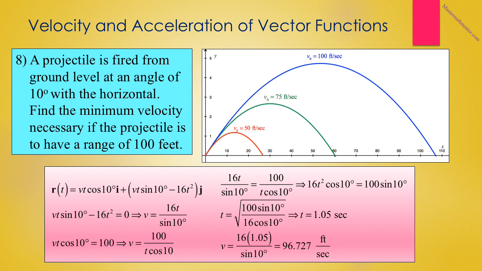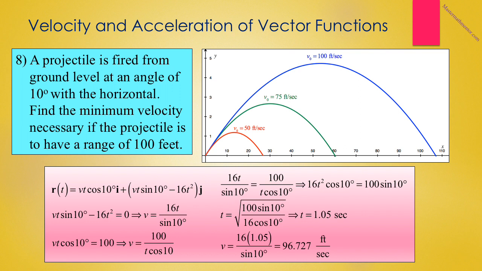Since these are both equal to v, we can set them equal to each other, and we end up with 16t squared cosine 10 degrees is equal to 100 sine 10 degrees. t is equal to the square root of 100 sine 10 degrees over 16 cosine 10 degrees, which gives a value of t is equal to 1.05 seconds.